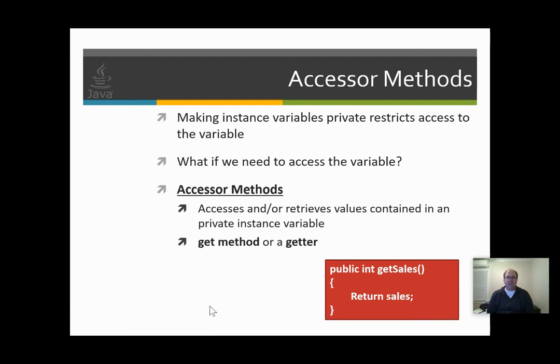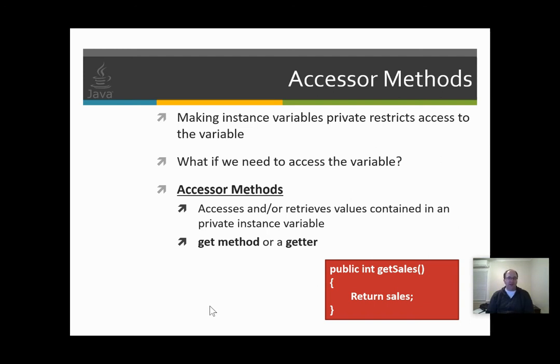We first will add some methods here called an accessor method. If we need to get the value in the variable, we can declare a method that basically all it does is go and get me the value out of that variable. So we'll call it an accessor method. We're going to access the variable.